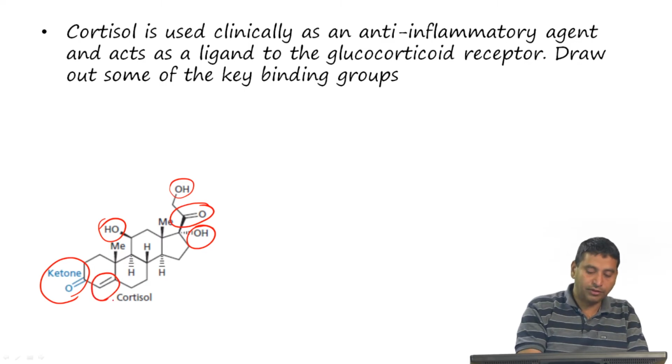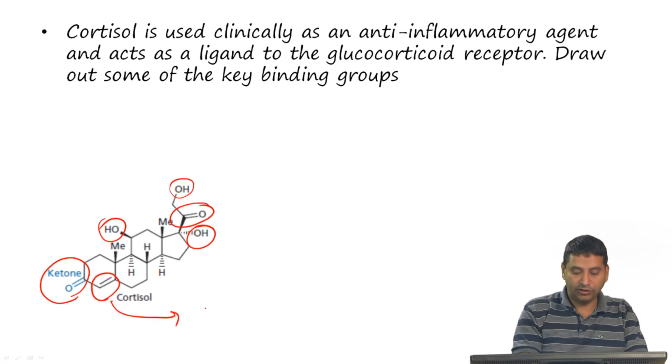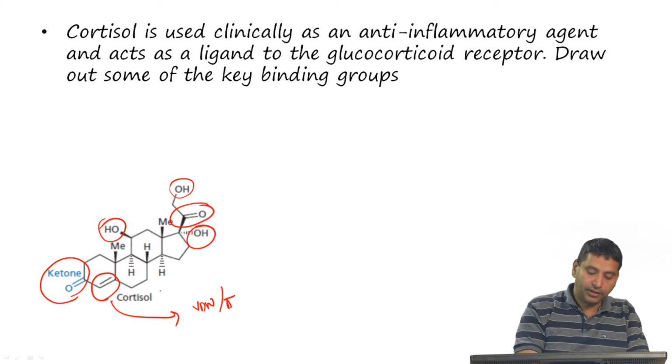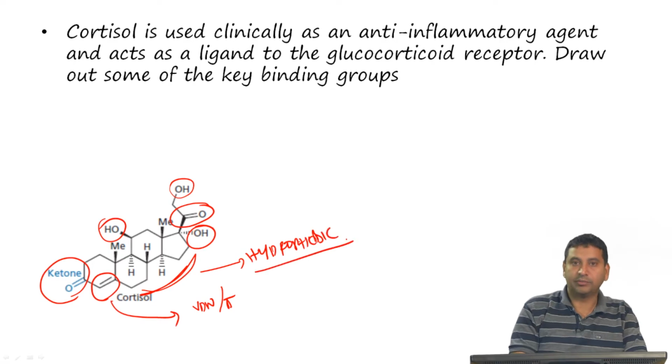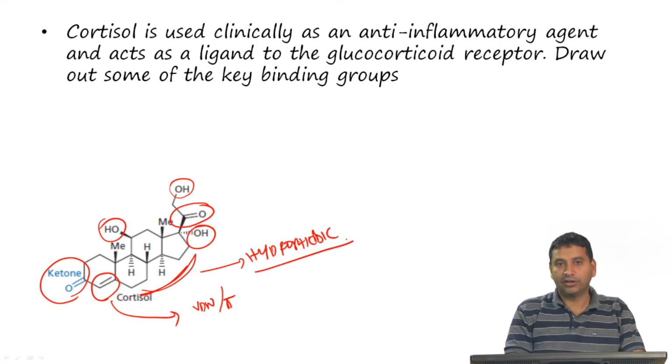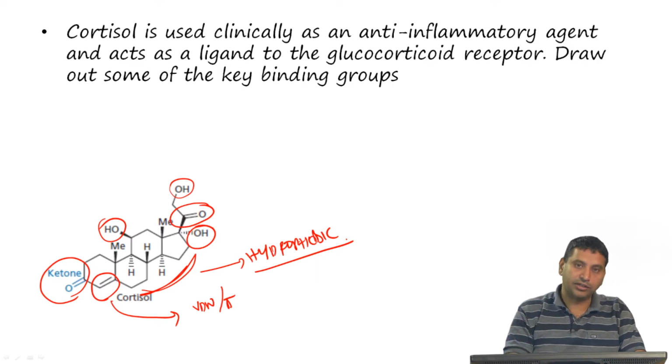You also have an olefin, which can involve itself in van der Waals interactions or pi interactions, and you have a good, significant hydrophobic region which can interact with the receptor surface. So, these are the major key binding areas that one can identify from this structure. Keep in mind that cortisol, because it is hydrophobic, can get across cells quite well.